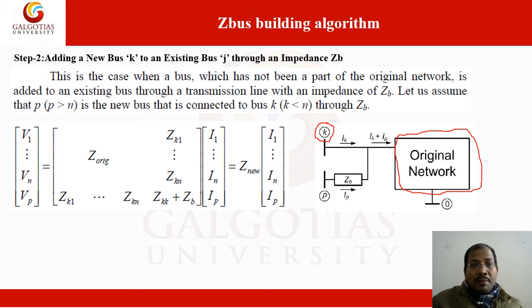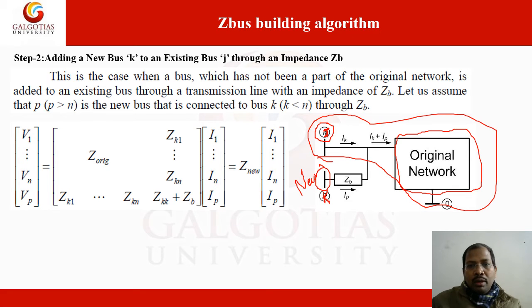Sorry, there is a misprint. This is the existing J bus, and this is the K bus, the new bus. This new bus is connected to the J bus through an impedance ZB. We have already calculated the Z original for all of this network. Only this bus and this transmission line we have to consider in the new Z bus.